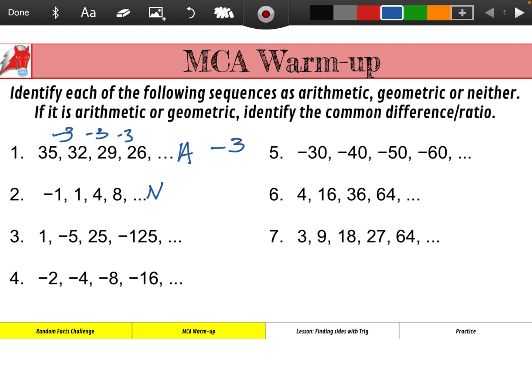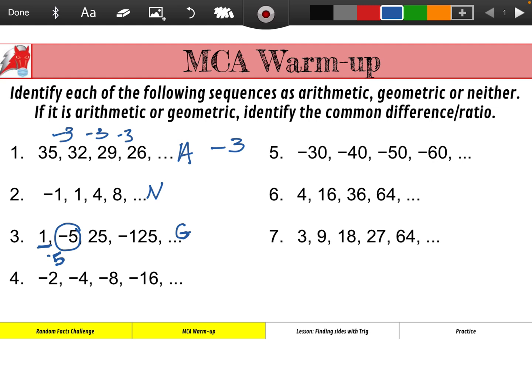Next one is geometric. We'll give that a big old G. And the geometric, that means it's being multiplied or divided by a constant rate. A way to figure that out, if you think, is take this one here and divide it by the one before. If I were to do that, -5 divided by 1, I get -5. So I'm saying I'm multiplying by -5.